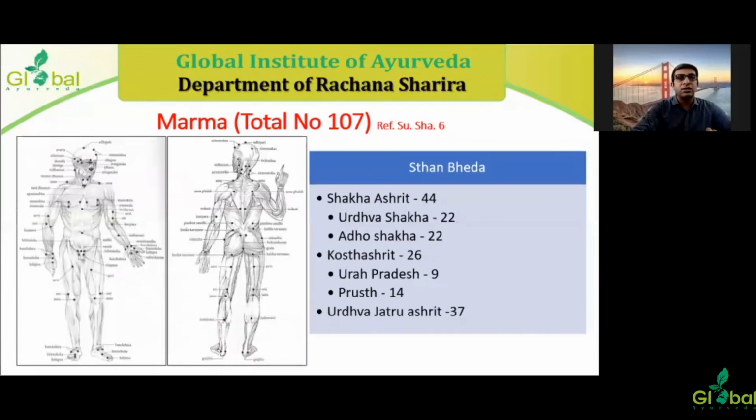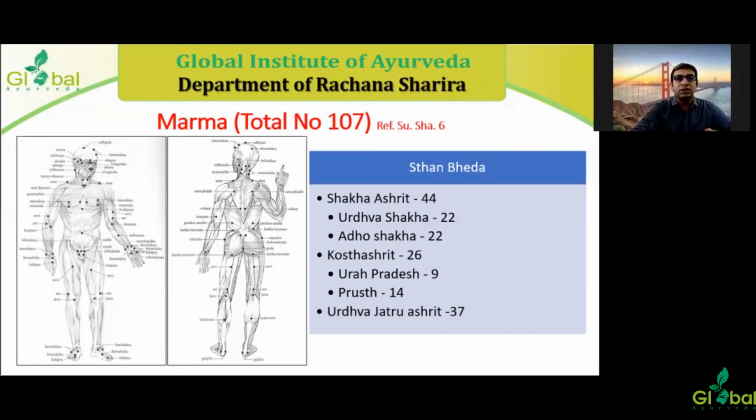As per the location, these 107 marma are classified into Shakhagata, marma situated in the limbs, which are 44. Among them, 22 are in the upper limb, 11 in each limb, and in the lower limb 22, 11 marma in each lower limb.